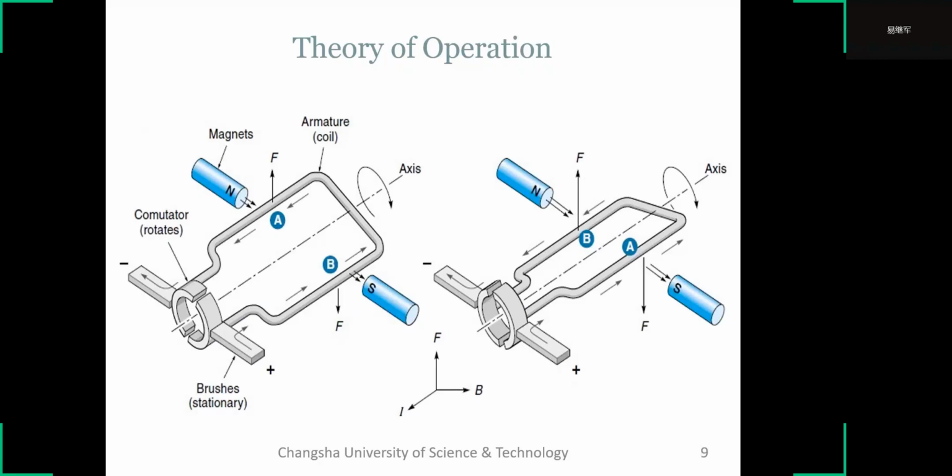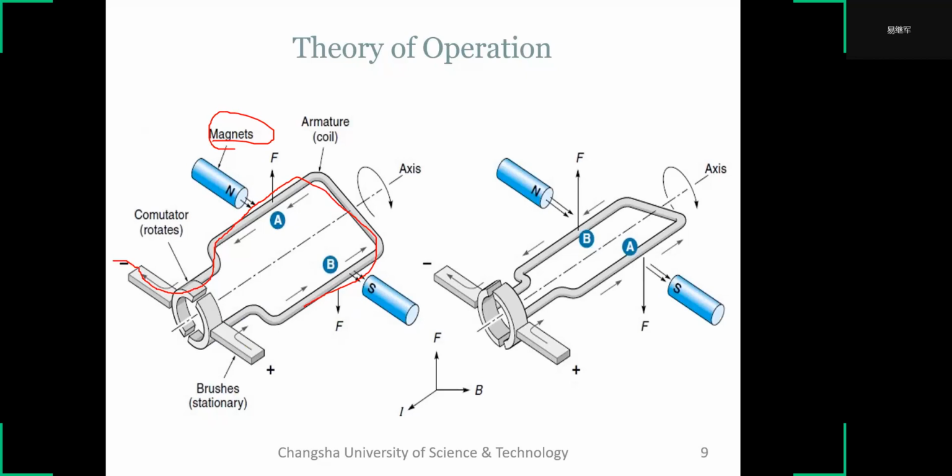When the current passes through the brush and to the wire coils, the wire gets a force because of the magnetic field, and the current flows through the wire and the brush and back to the power source.